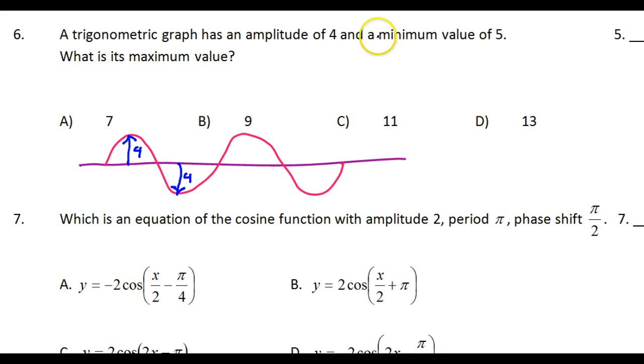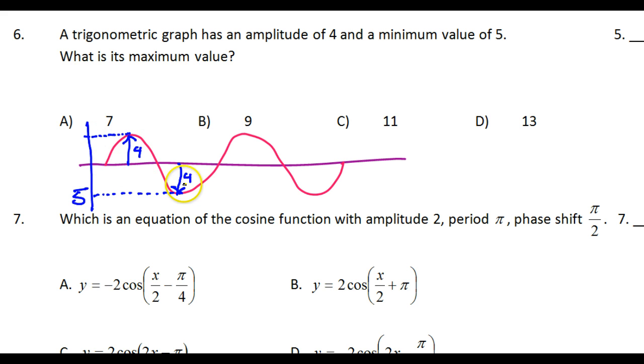Okay, so just keep that in mind. Now, meanwhile, it has a minimum value of 5. So if I put this on some sort of a y-axis here, now this is not necessarily the x-axis, this is just some midline. But what I can tell you is right here is my minimum value of 5. Now, my maximum value is going to be up here somewhere.